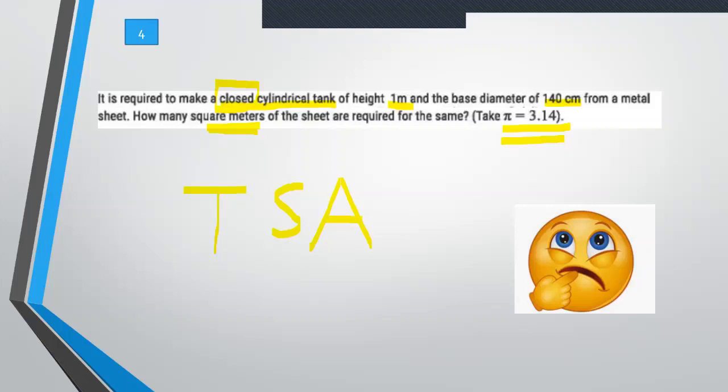What is TSA for a cylindrical tank? 2 pi RH plus 2 pi R square. You can take 2 pi R common.